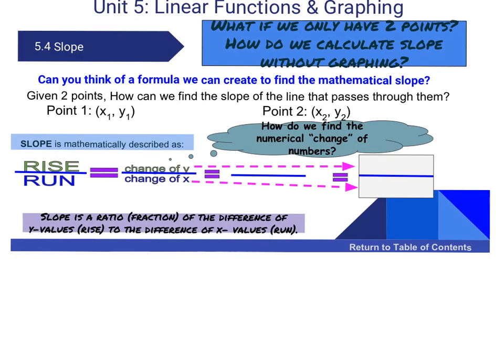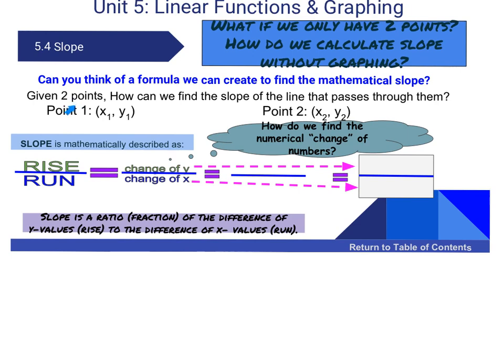The other way, if you are a very verbal person and you're not very visual, this method might be more helpful to you to find the slope of a line than figuring out how much you go up or down and over. This is the mathematical formula to find the slope of a line. If you're not given the 2 points that have been plotted and connected, in order to get the slope of a line, you are going to be given 2 separate points.